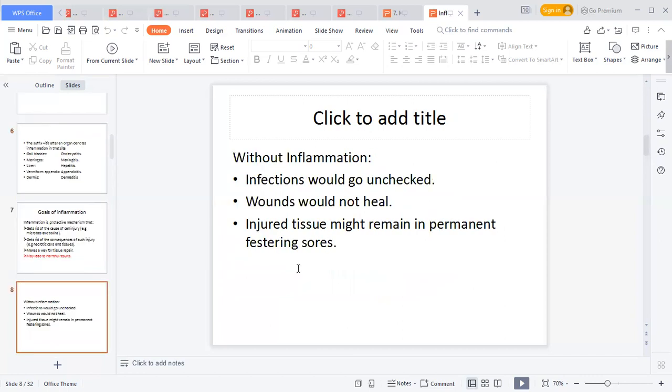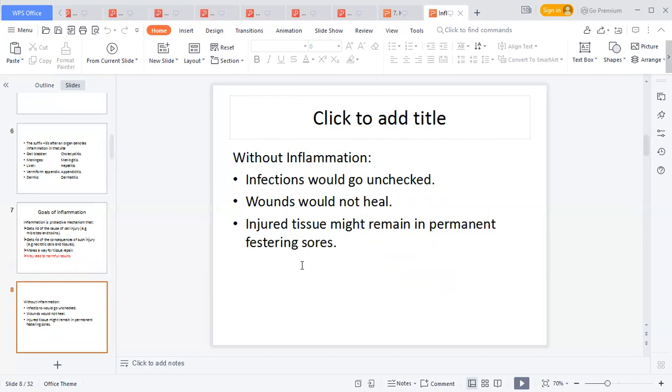Without inflammation, infections would go unchecked. That's correct, because inflammation is designed to remove cellular debris or the cause of any injury.